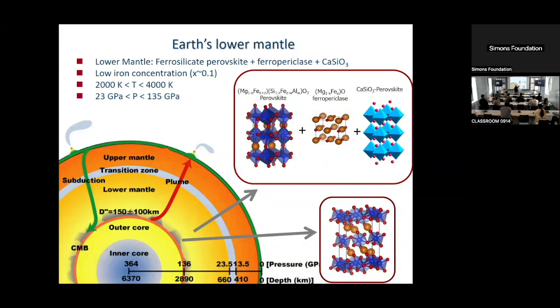This is bridgmanite, and it transitions to post-perovskite at the conditions of this region here. So we have 23 gigapascal, or 230 kilobars, and 135 GPa here at the core-mantle boundary. 2,000 kilometers, 1900 Kelvin here, about 4,000 Kelvin here.